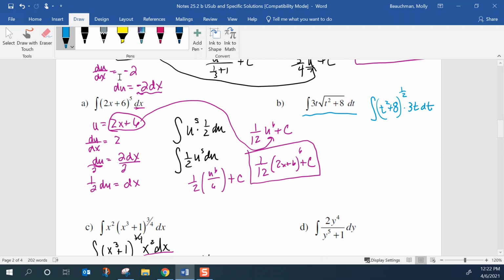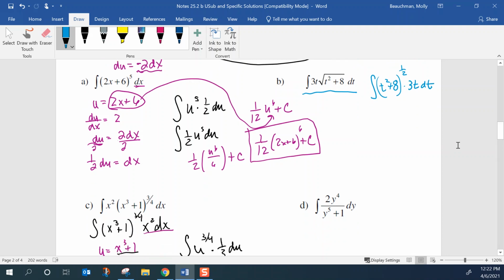Then part D, oh, that's okay. Well, that one would be worth finishing actually. So let u equal t squared plus 8. Then du would equal 2 times t dt. Okay, so I get 2 times t dt, but I want 3 times t dt. So what do you have to multiply 2 by to get 3?